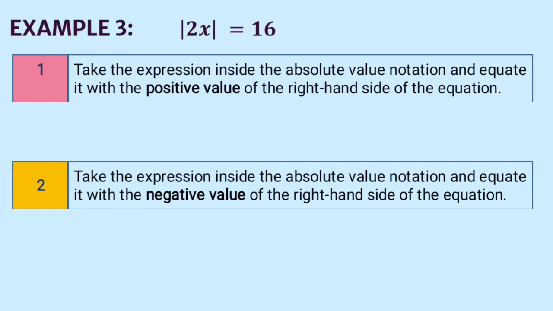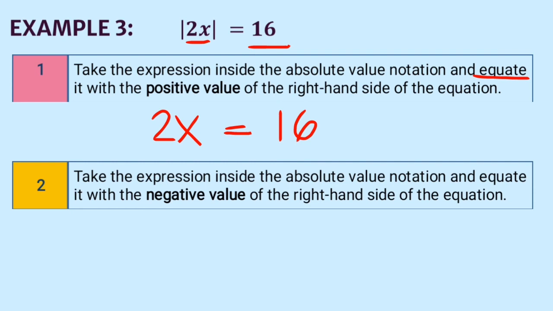So the expression inside the absolute value notation is what? 2x, right? So let's write 2x here. Now, the next step is to equate it with the positive value of the right-hand side of the equation. This is our right-hand side, right? So let's equate it. The positive of 16 is 16.